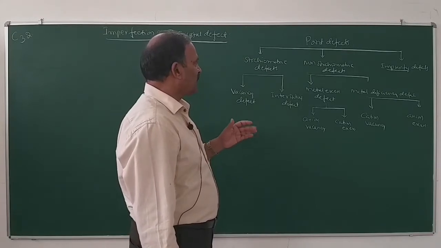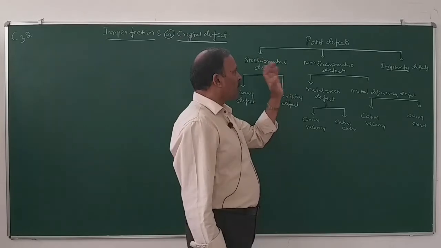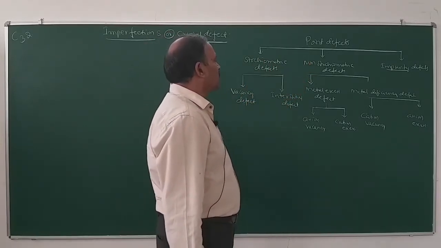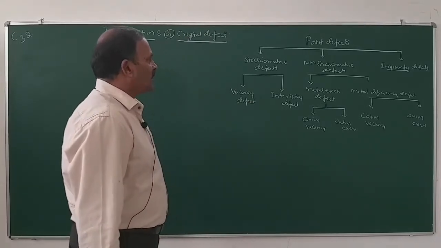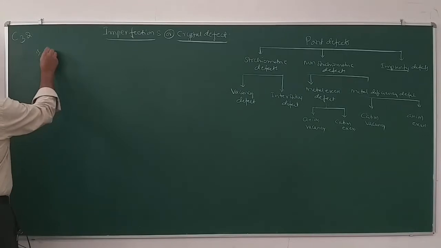The defects that arise due to disorder in the arrangement of points or particles are known as point defects. They are mainly three types. Now, let us study one by one. So, what are stoichiometric defects?